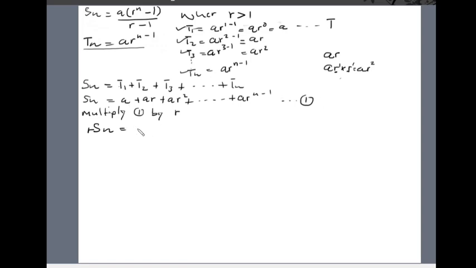So multiplying the right hand side of equation 1 by r, I will have ar plus ar squared plus ar cubed plus all the way to ar to the power n minus 1 times r, which is ar to the power n. Okay, and I will call this equation 2.